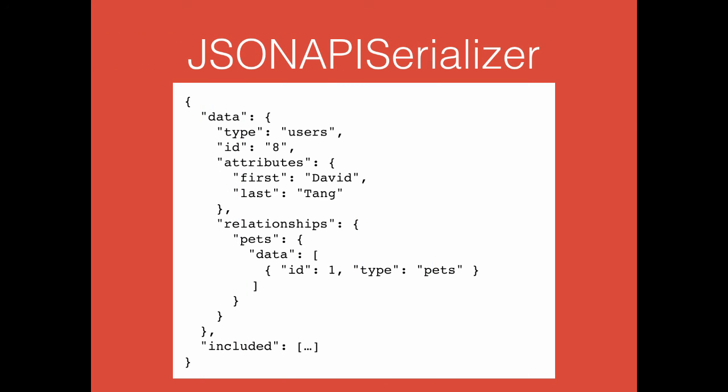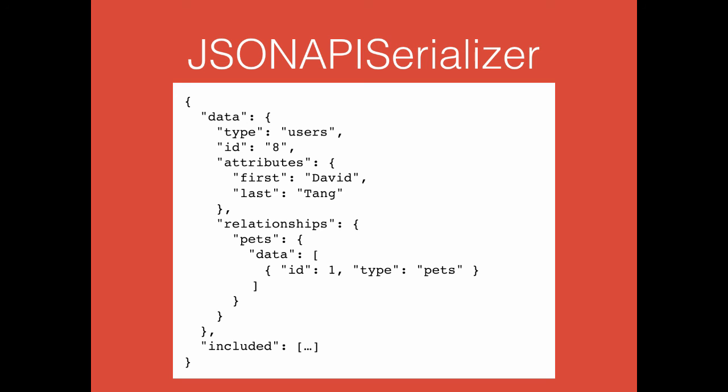Now, there's another one called JSON API. How many of you have actually heard of JSON API? There's an actual specification called JSON API, which is confusing because you talk about APIs that are JSON APIs, but there's an actual spec called JSON API, and it has a very strict format. It looks like this.